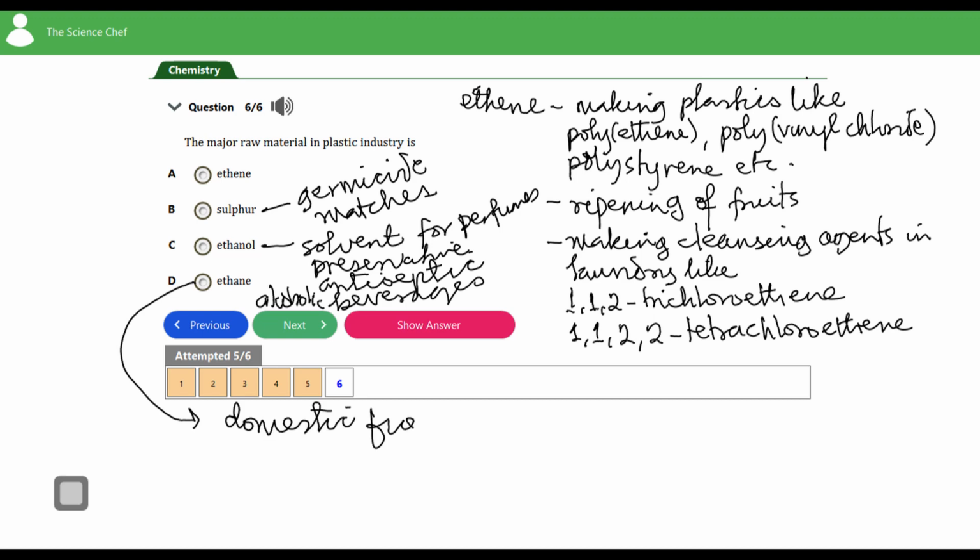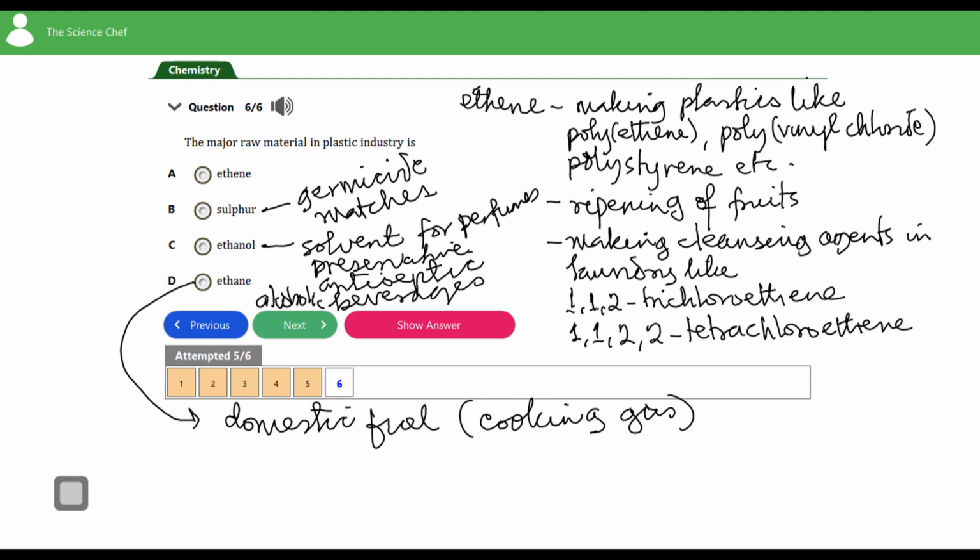Used as a domestic fuel for cooking. As a cooking gas. And also for making other compounds. Of course, ethanol can also be used for making other compounds, right? So these are some of the uses of these organic compounds that are always examinable, that you will see frequently in your UTME examination. So take note of them.